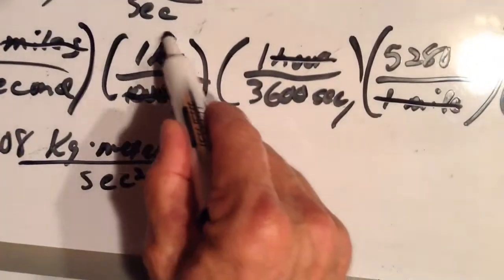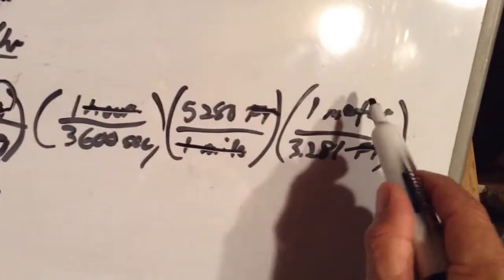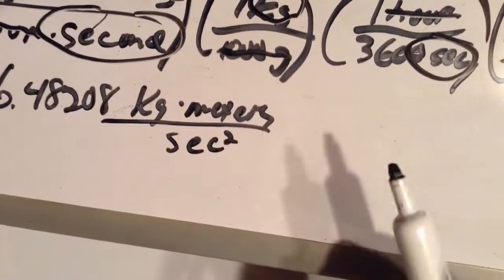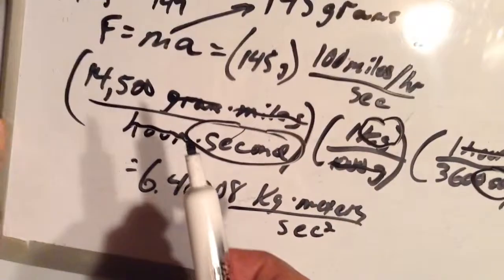We're left with kilogram meters per second squared. Of course, we don't draw lines through all these numbers, we still multiply all of them.